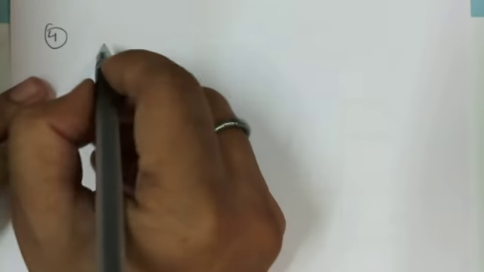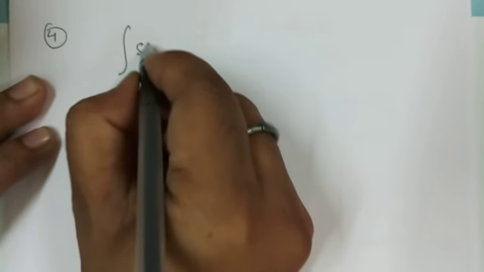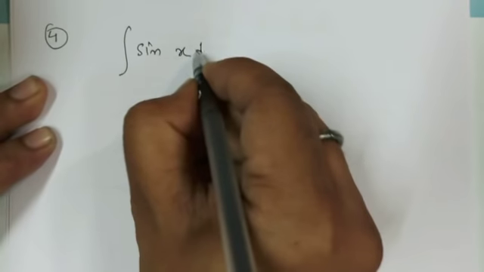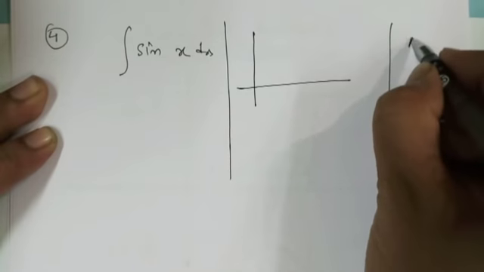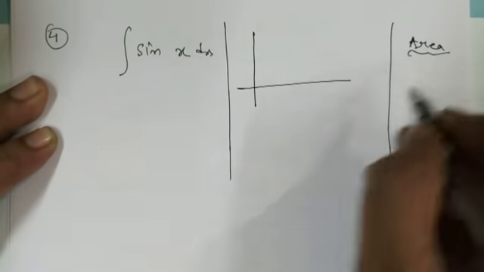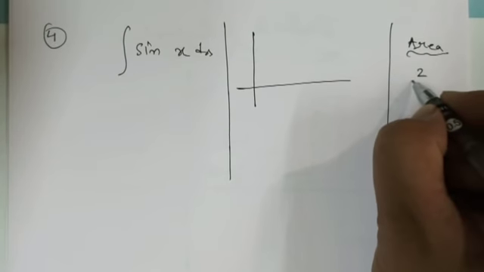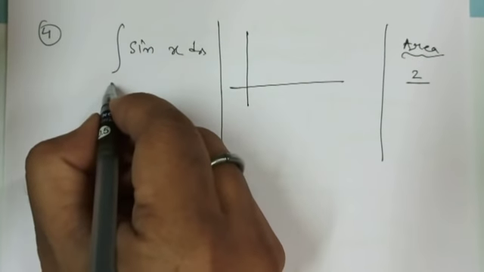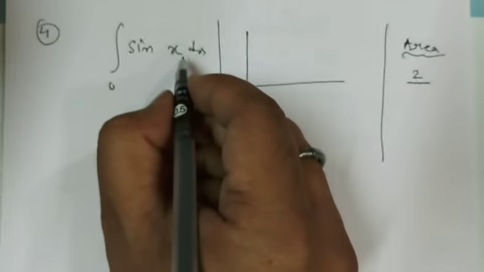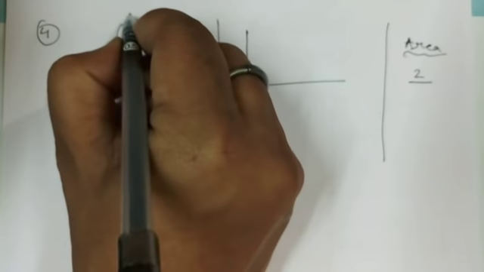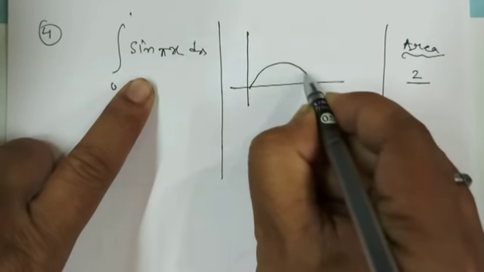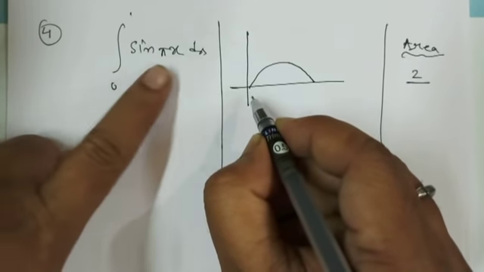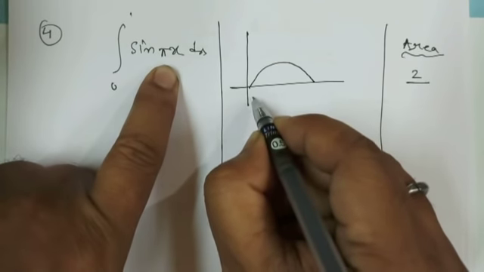And 4, integral 0 to 1 sin pi x dx. Its one loop will be integral 0 to pi sin x dx, loop 0 to pi.